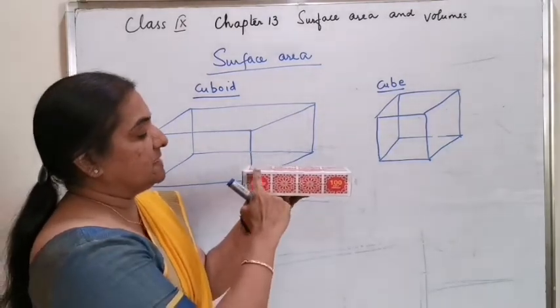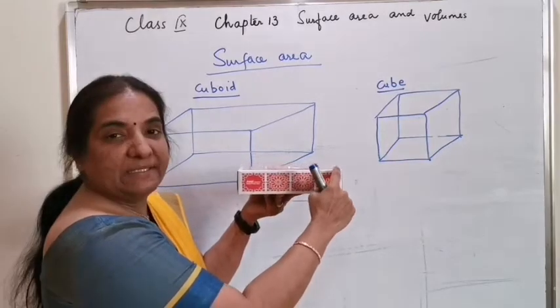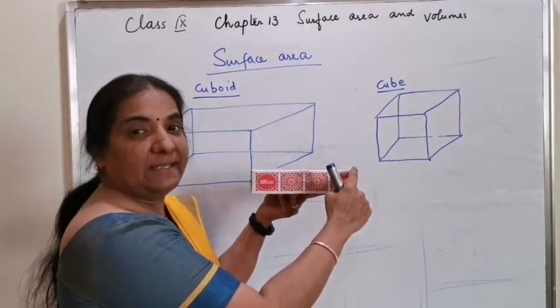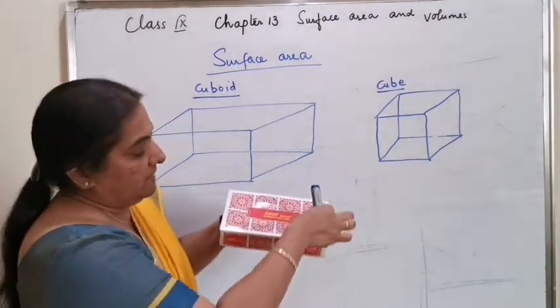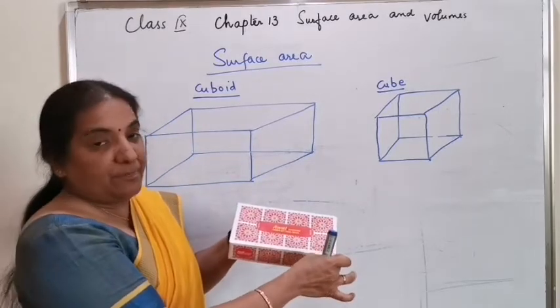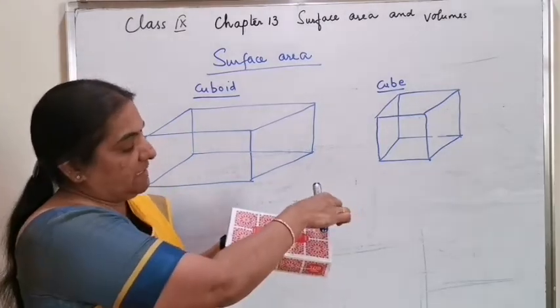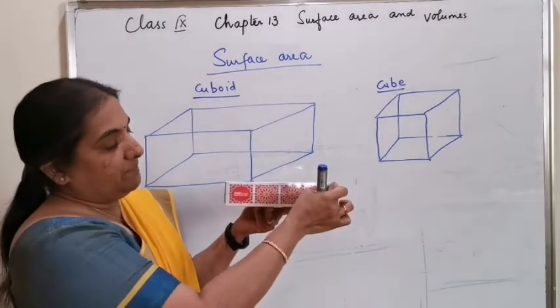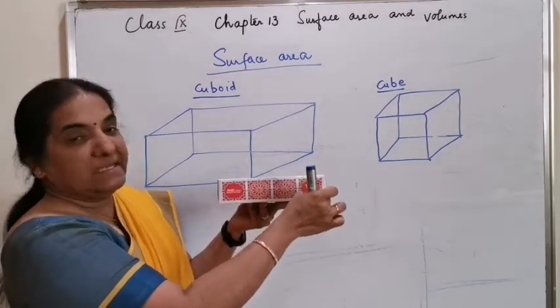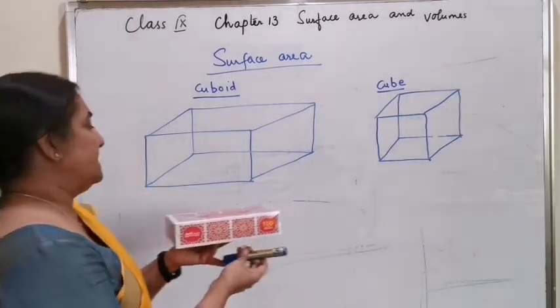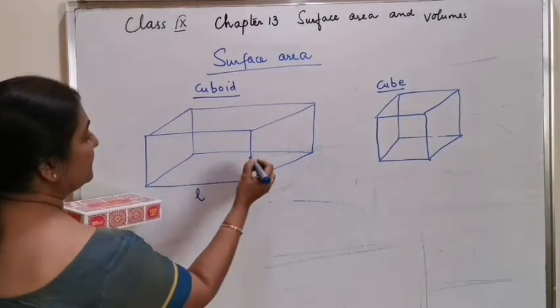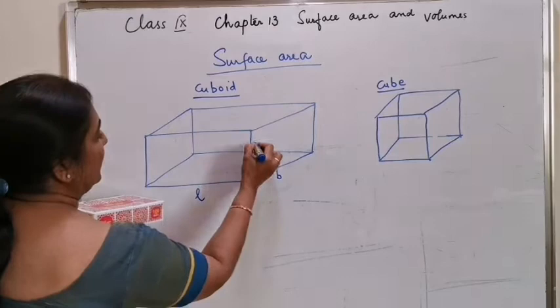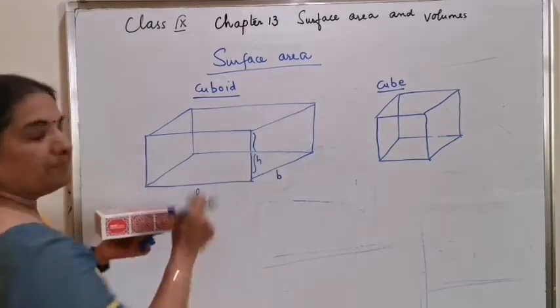This line segment represents the length, this line segment represents the breadth, and this line segment represents the height.